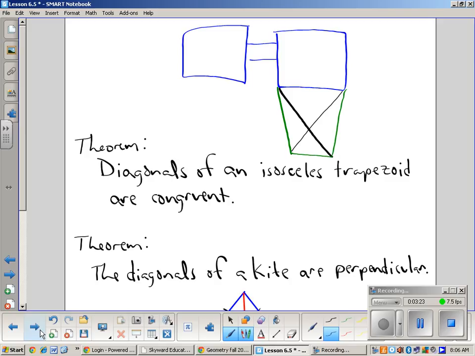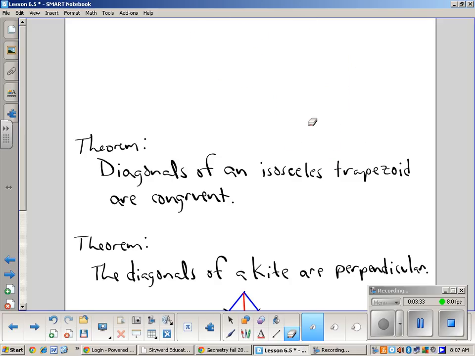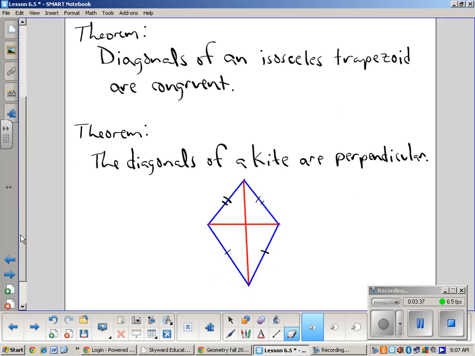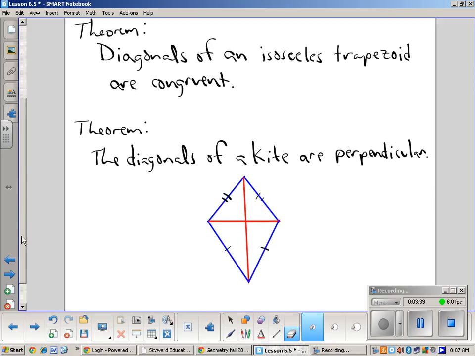Another theorem, actually there's two more here. And the picture of my house, we talked about that yesterday, so I'm going to discard that. Move this up so you can copy it down, then we'll talk about it. Diagonals of an isosceles trapezoid, very similar to a rectangle.